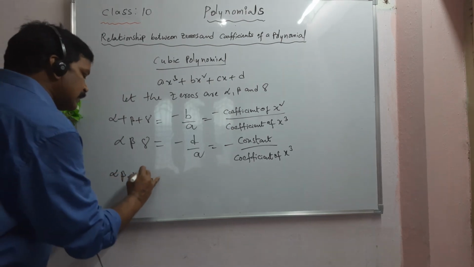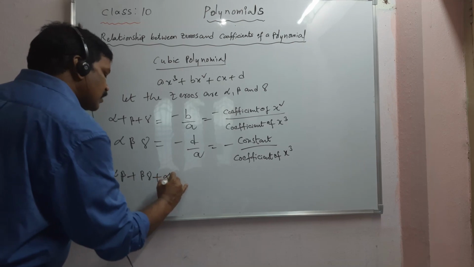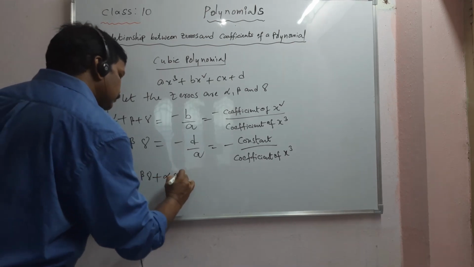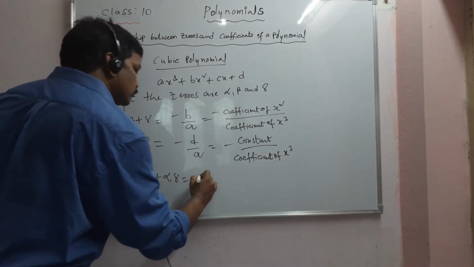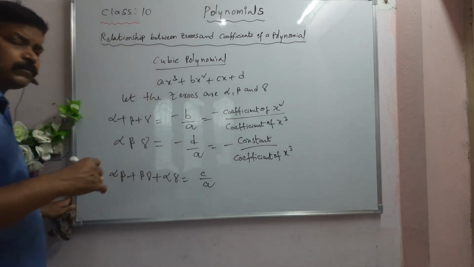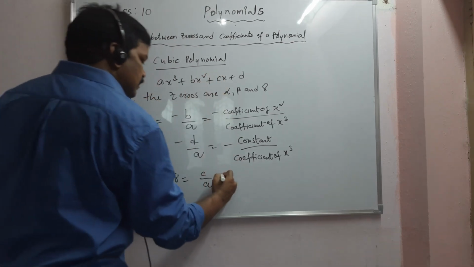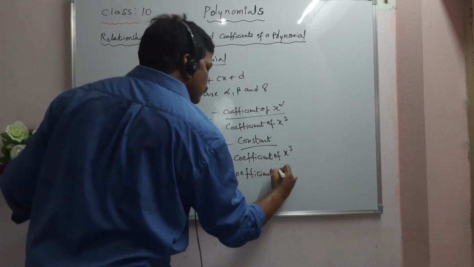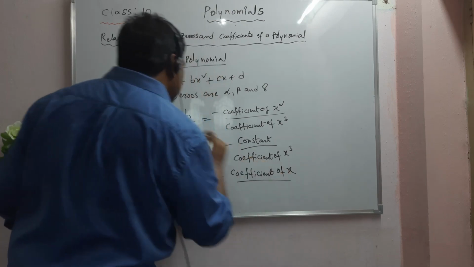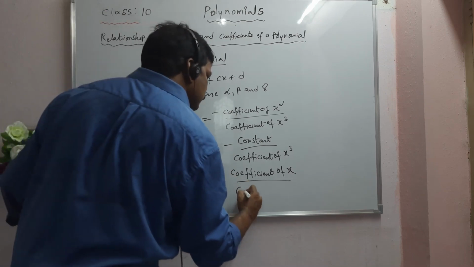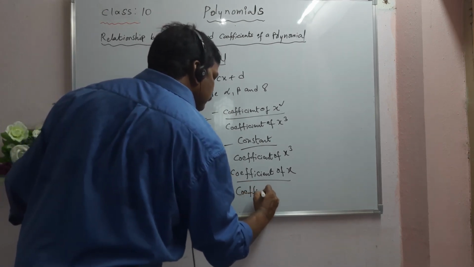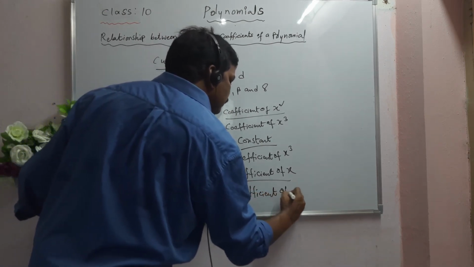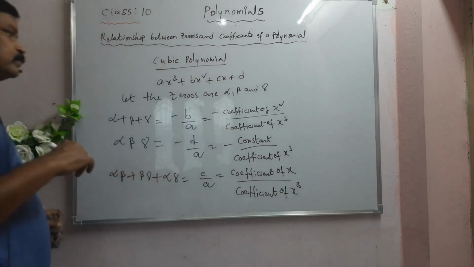And one more is there. Alpha beta plus beta gamma plus alpha gamma is equal to c by a. What is c? Yes, it is the coefficient of x, and a means coefficient of x cube.